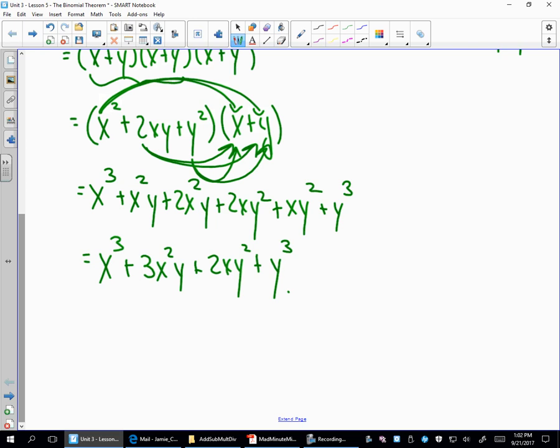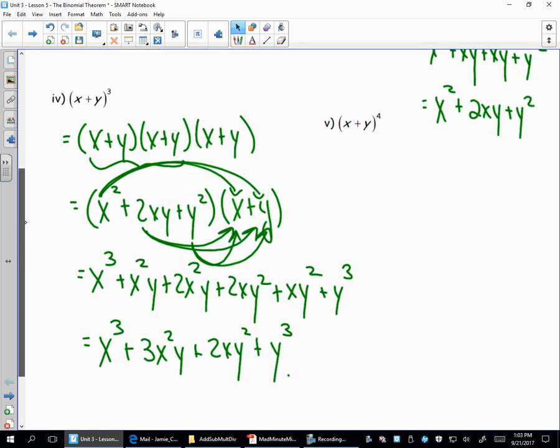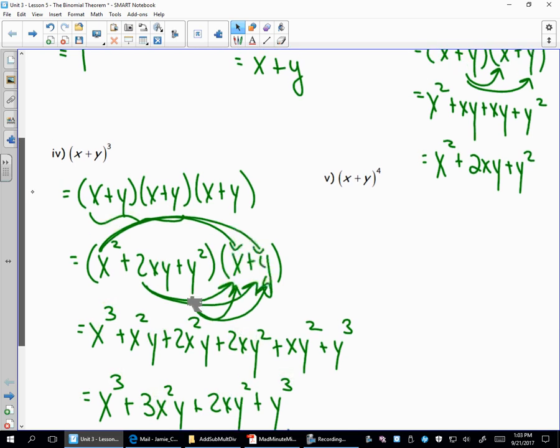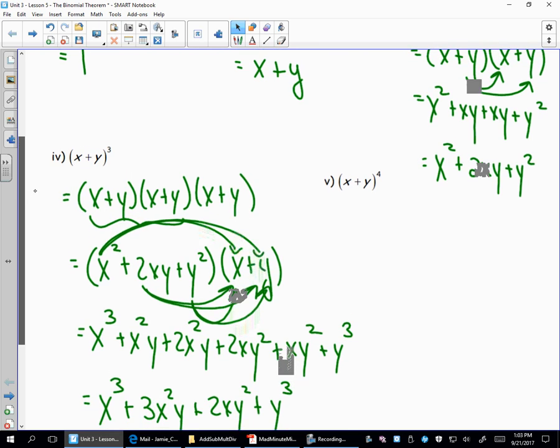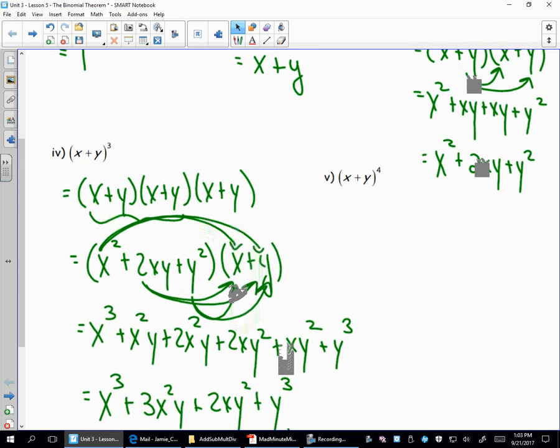And I'm going to pause for a second here and go back to my previous examples. What I want to do is look at the answers, but more importantly, the coefficients. That is the numbers in front of the letters. So the first one is just 1. The next one is 1x and 1y. The third one was 1x squared, 2xy, and 1y squared.